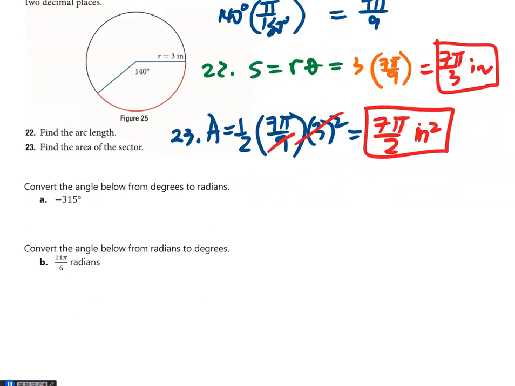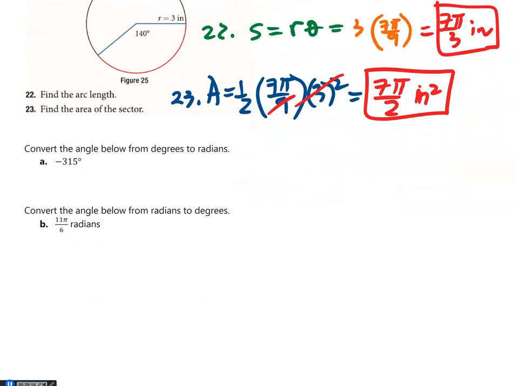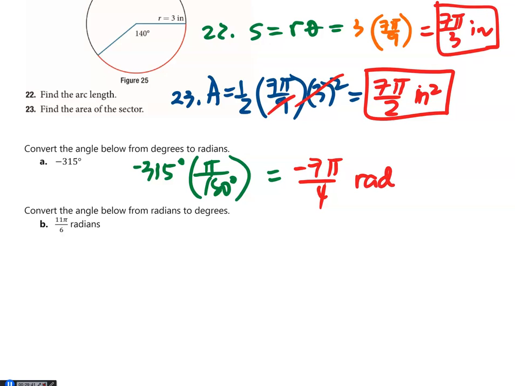Okay, next problems. Letter A, convert the angle below from degrees to radians. So negative 315 degrees, we multiply this by pi over 180 degrees, and it is equal to negative 7 pi over 4 radians.